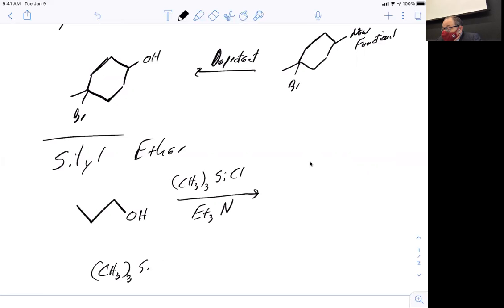We love abbreviations in organic chemistry. So this one here, trimethylsilyl chloride, is known as TMS chloride. So it's this TMS group, kind of like our tosylates, where we use the Ts. Here you'll see the TMS.